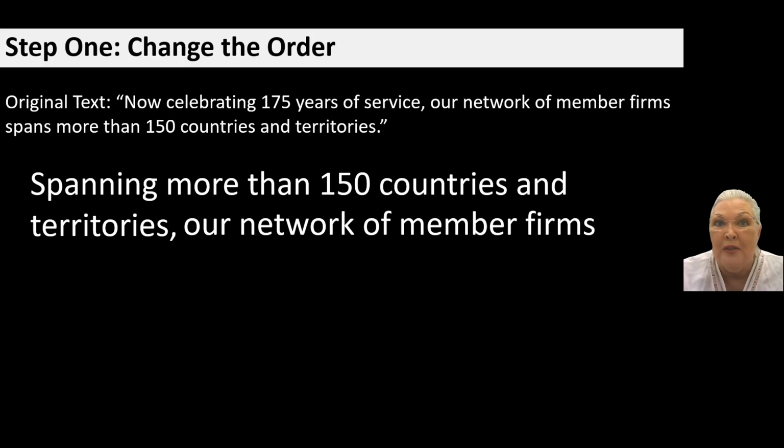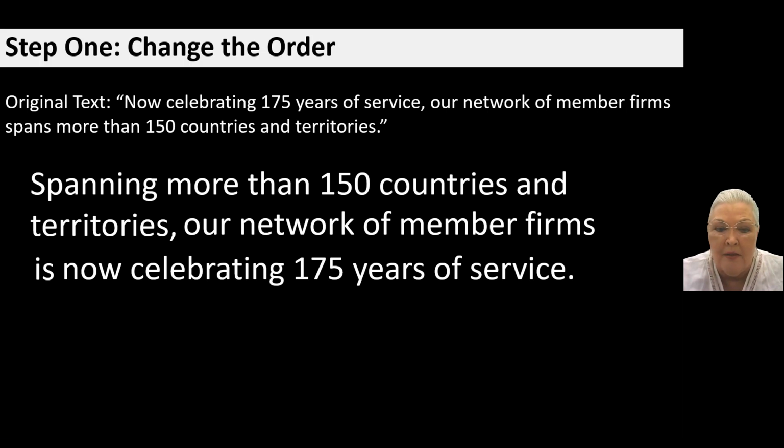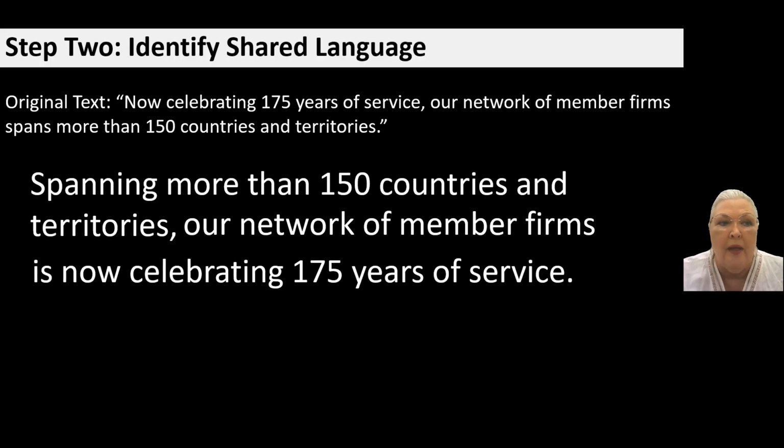And now I'm going to put what's at the beginning of the sentence at the end, and I have to revise the sentence structure, add a verb, right? Make a few changes to make it make sense. Our network of member firms is now celebrating 175 years of service. So great, I have accomplished step 1. I have changed the order.